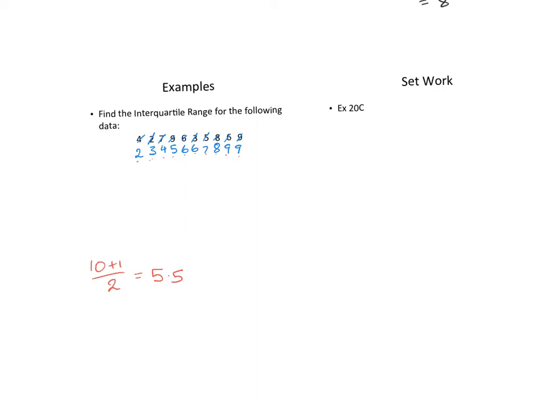If I count 1, 2, 3, 4, 5, the median is actually in there. Remember, that's Q2, the average of the 2 scores on either side, which is 6 and 6, so it's just going to be 6. But I'll do the process anyway, just to remind you: 6 plus 6 is 12, divided by 2 is 6. So that's the median.